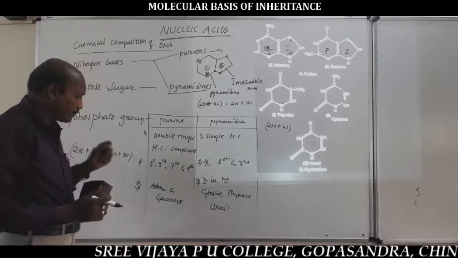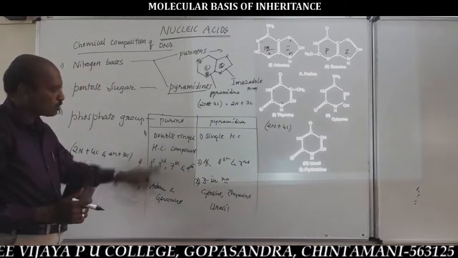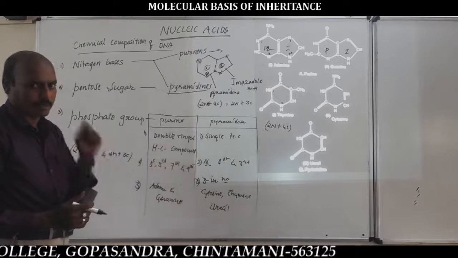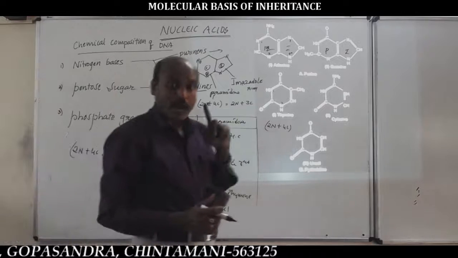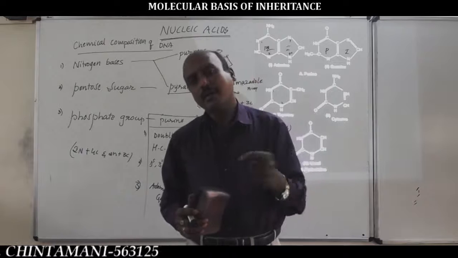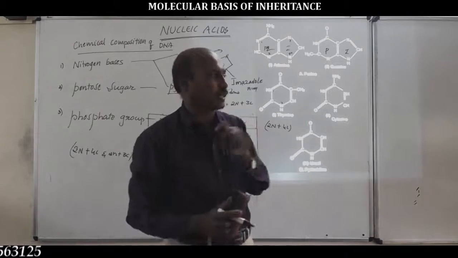While purines are 2 in number, like adenine and guanine. So purine bases are 2 in number, pyrimidine bases are 3 in number. But either of the nucleic acids, whether DNA or RNA, has only 4 nitrogen bases.